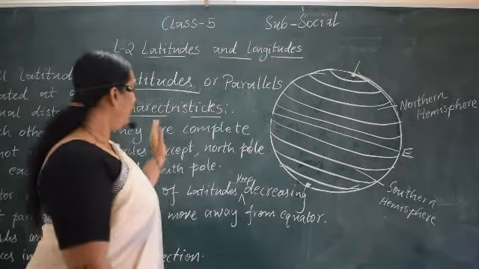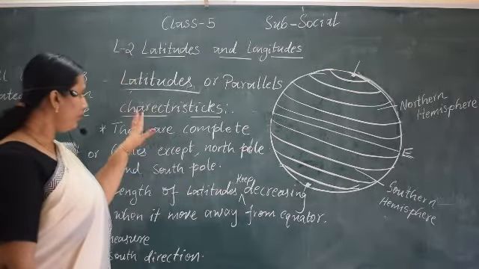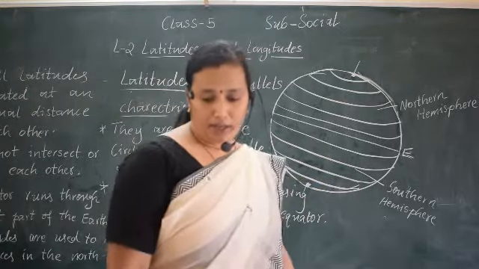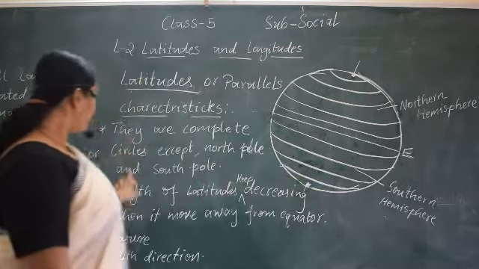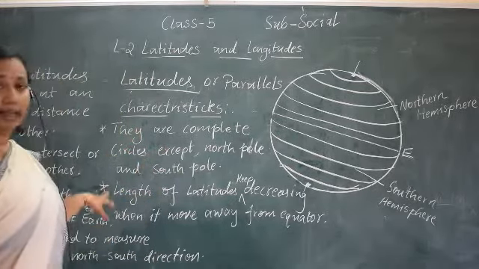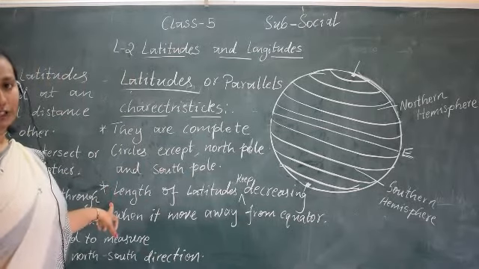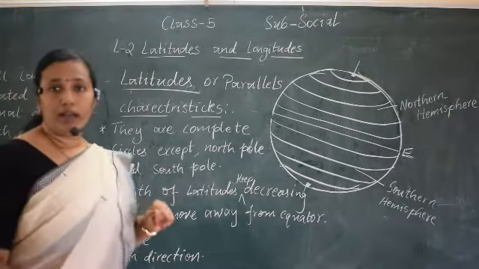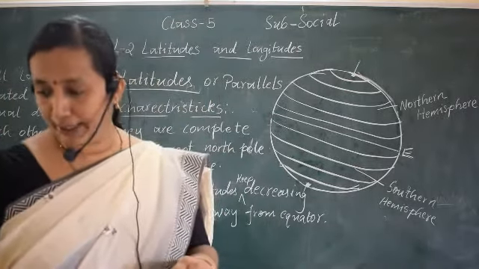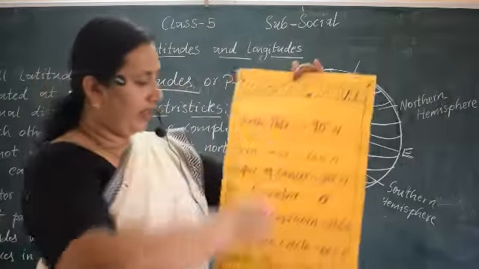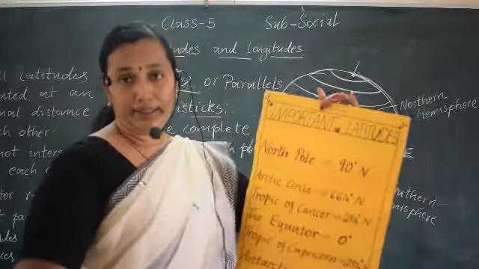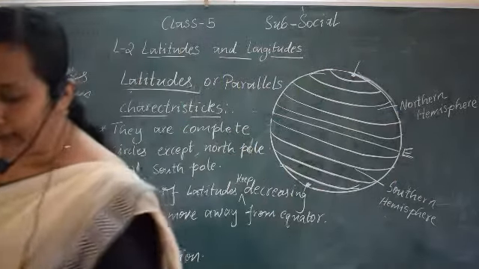Then we discussed the northern hemisphere and southern hemisphere. Next, the characteristics of latitudes. Hope everyone understood the characteristics or features of latitudes. Then I showed the numbering of the latitudes, or important latitudes. How to number that, I'll explain in the next class.